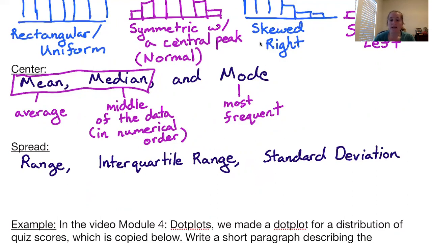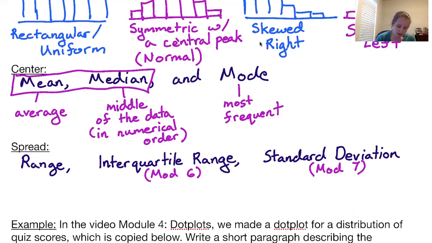These will come a bit later. I believe interquartile range is module 6, and standard deviation is module 7, if I am remembering correctly. So we will get to those later.